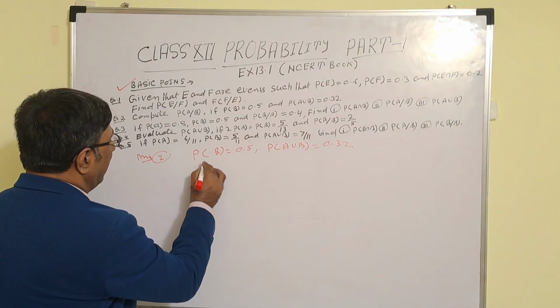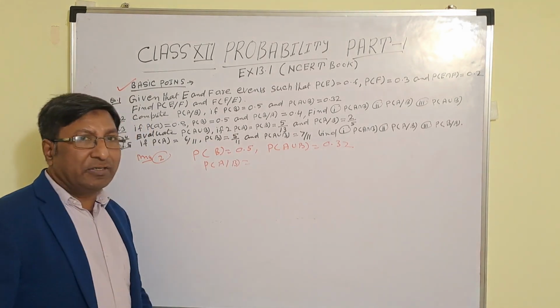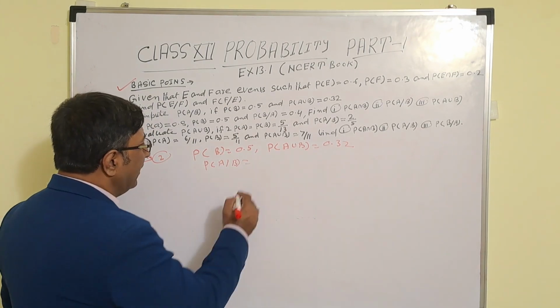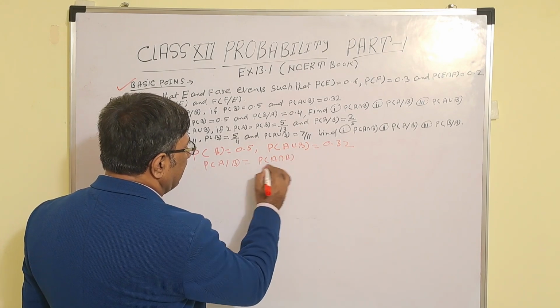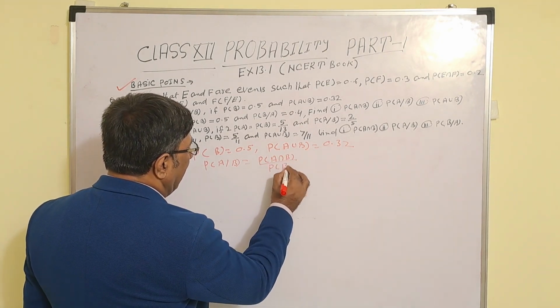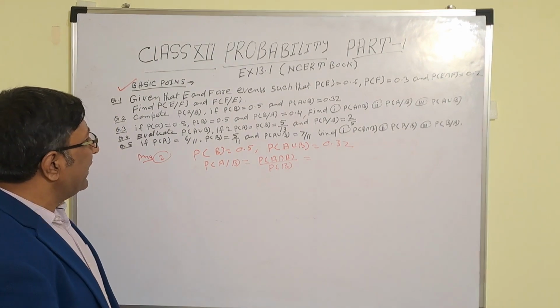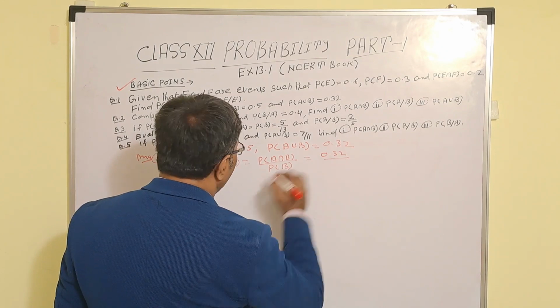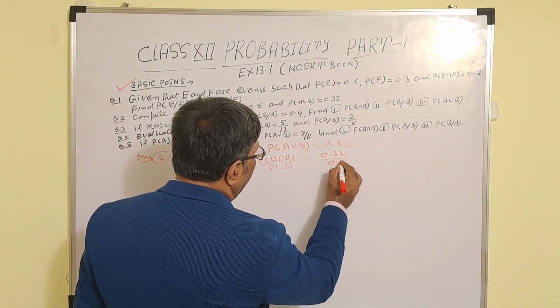So we have to find probability of A by B, that is the conditional probability of A. So we already know the formula: probability of A intersection B divided by probability of B.